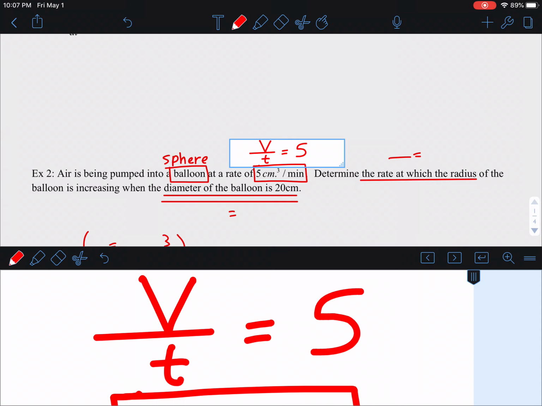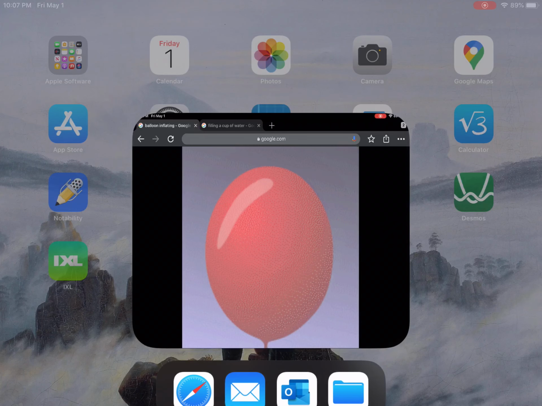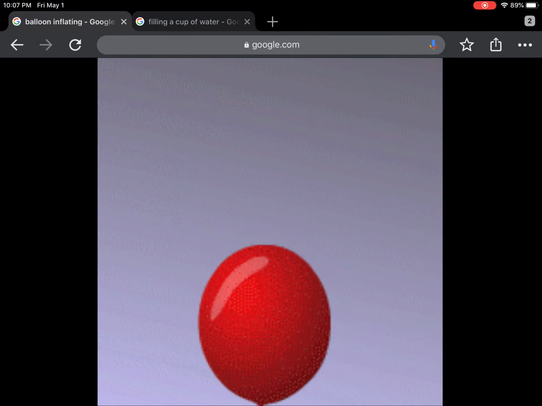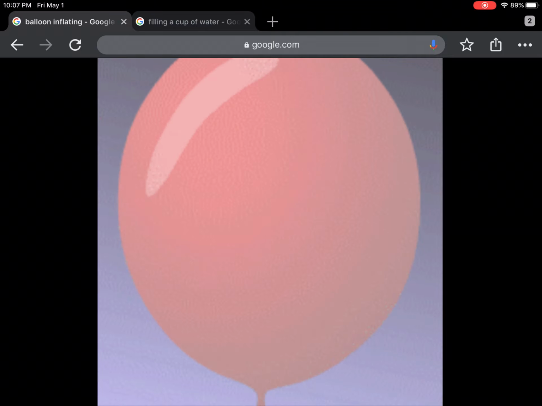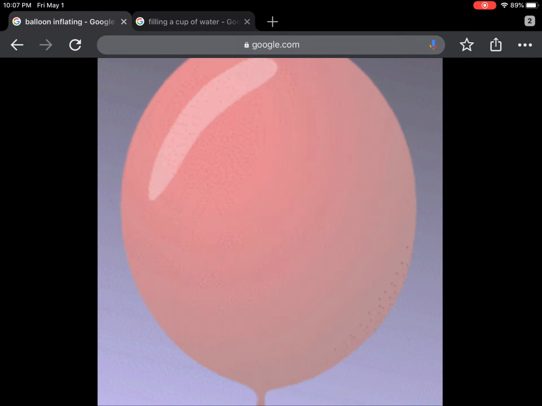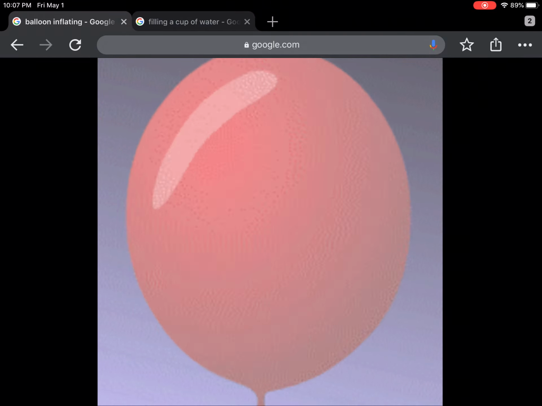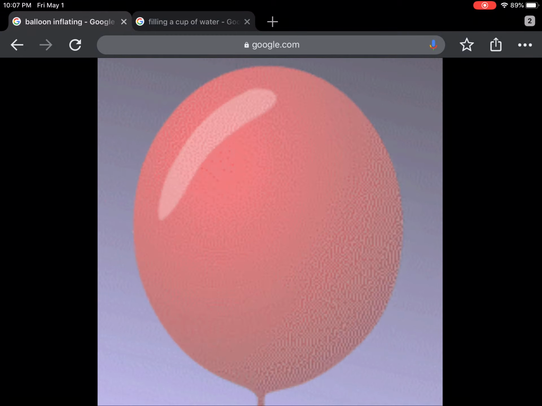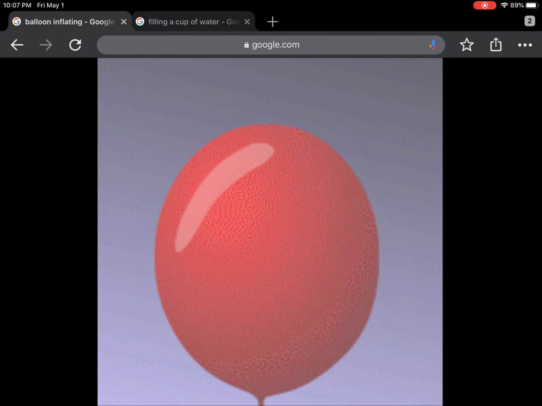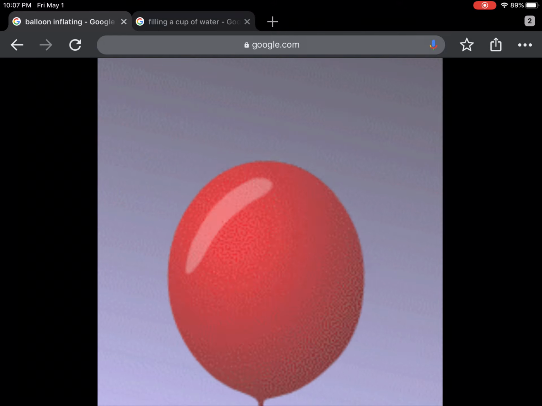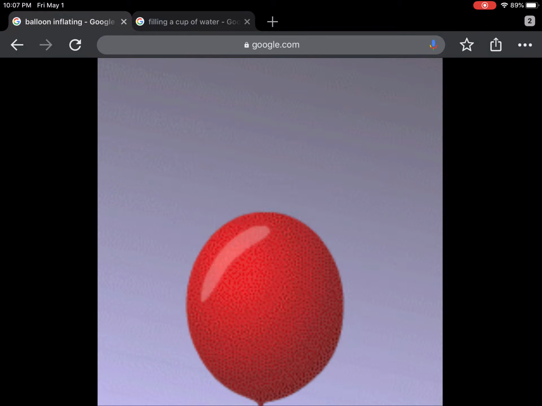However, if we follow this balloon's inflation over time, the rate of the volume increasing is actually going to be changing. It is not the same increase when you first start blowing air into the balloon as it is when the balloon is almost completely filled.